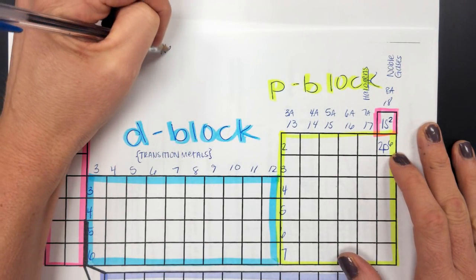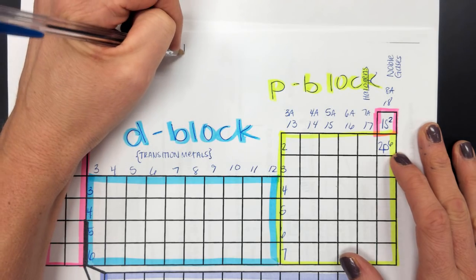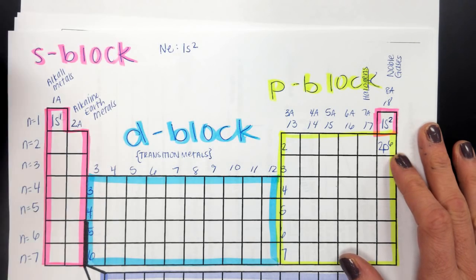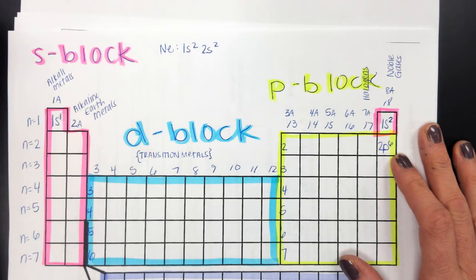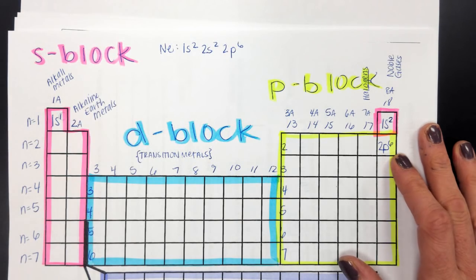I'll write that down. Neon's full electron configuration, starting at the very beginning, it's got an energy level 1 with an S sublevel and 2 electrons. It's got an energy level 2 with the S sublevel and 2 electrons. And then an energy level 2 p orbitals with 6 electrons.